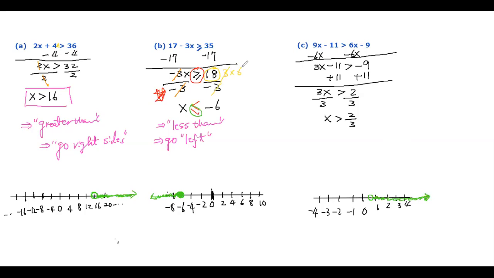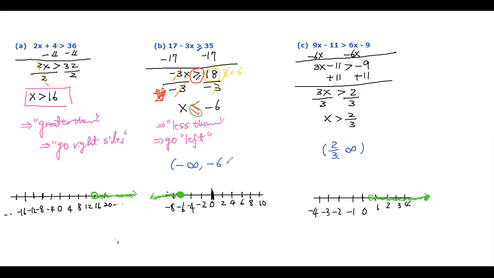Okay, and sometimes your teacher will want you to write it in interval notation. So greater than, you can write as from 2/3, right? It always goes to the infinity. So this one here is -6 going to the negative infinity. So there's a negative infinity, and this is -6.